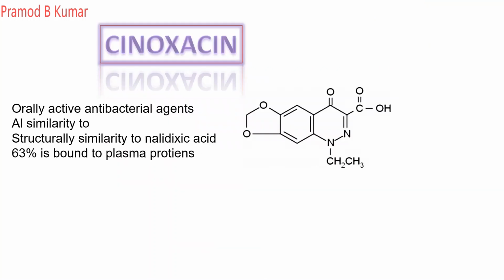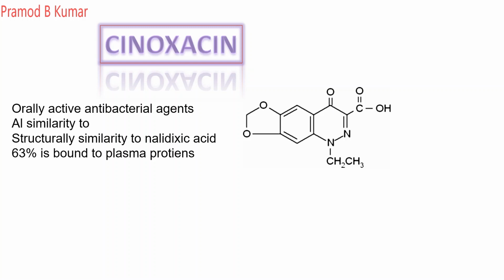Next example is Cinoxacin. It is an example of a 1,2-naphthyridine, where the carbon at the second position is replaced by a nitrogen, and at the sixth and seventh position it contains a 5-member dioxolane ring, a cyclic 5-member structure containing oxygen.